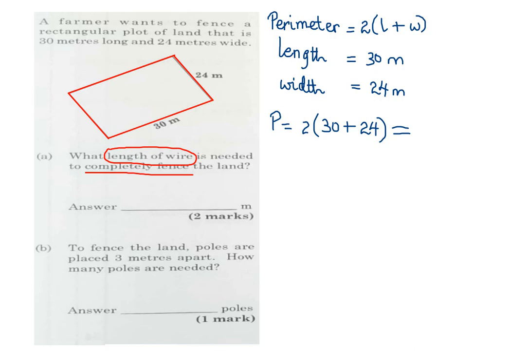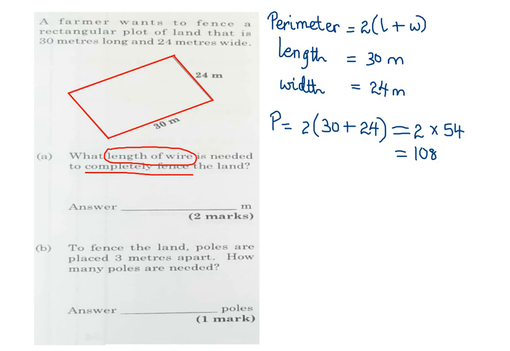You could also use distributive law and multiply 2 by 30 and 2 by 24, and you'll also get the answer for the perimeter by adding those two numbers after. Alright, so let's do the easier way. 30 plus 24 is going to give me 54, and now I just need to multiply 54 by 2, and I will get my answer for perimeter. So my answer for the perimeter is 108.